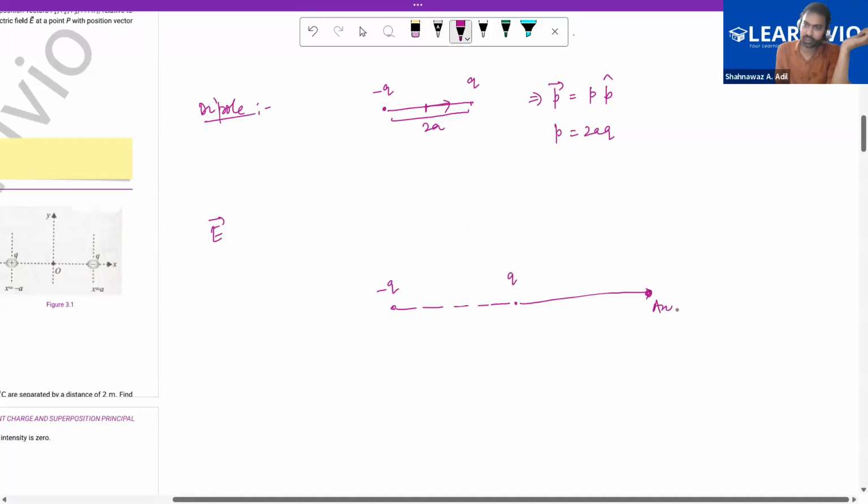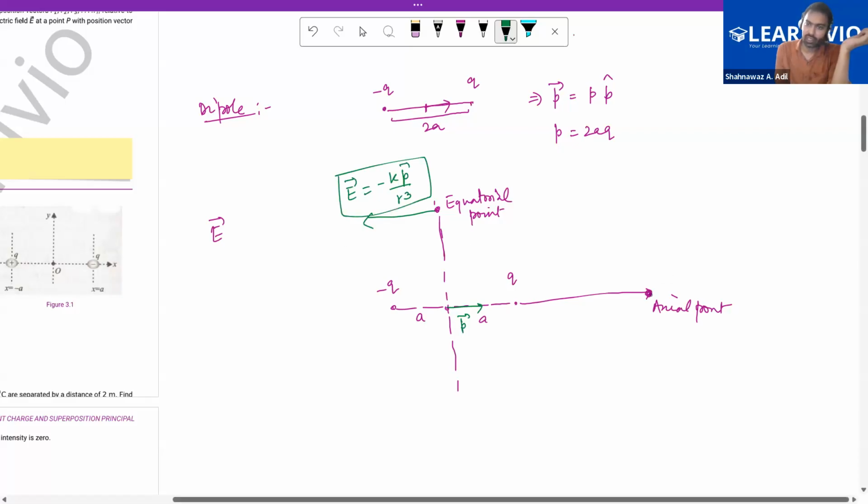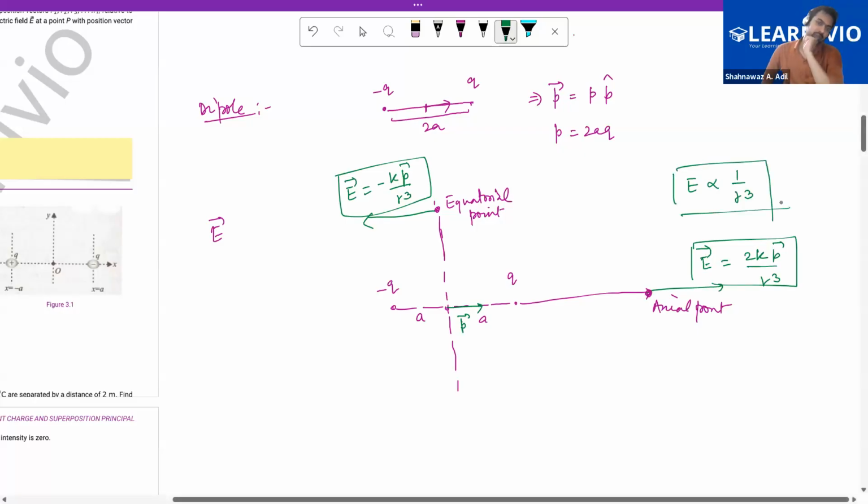This point is the axial point, and this point is the equatorial point. The equatorial point has the electric field in the direction opposite to the dipole, and this is minus Kp by r cubed. And the axial one is in the same direction, and this is 2 Kp by r cubed. So the electric field for a dipole varies as 1 over r cubed. This is the important thing that we have to remember.